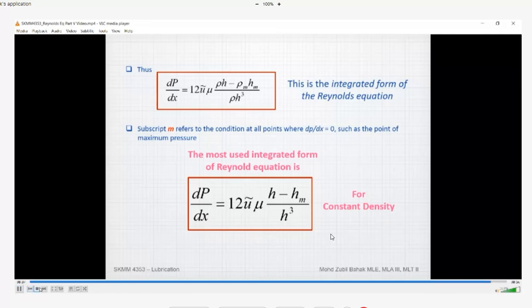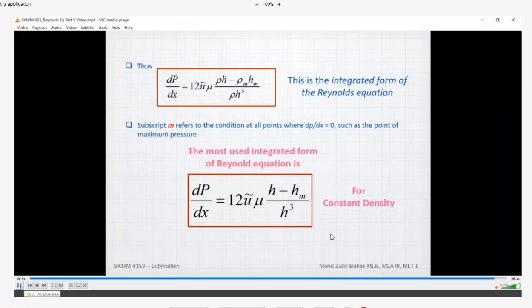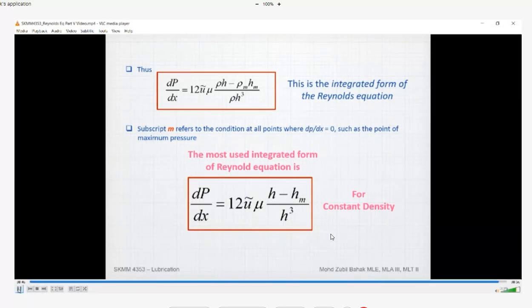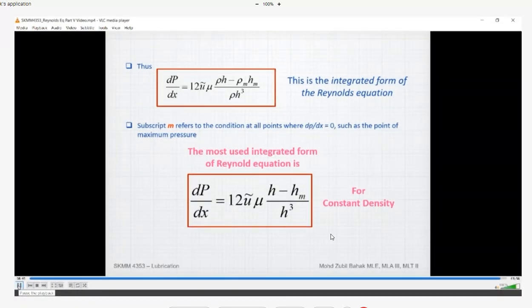So this is the final equation that we are looking for and that we can apply for the analysis of lubrication for the hydrodynamic bearing.